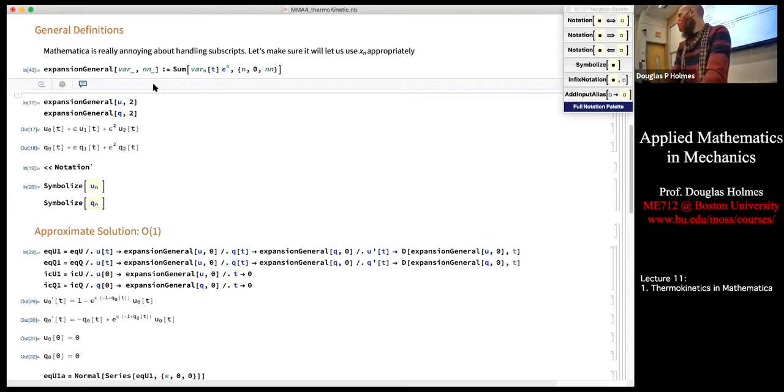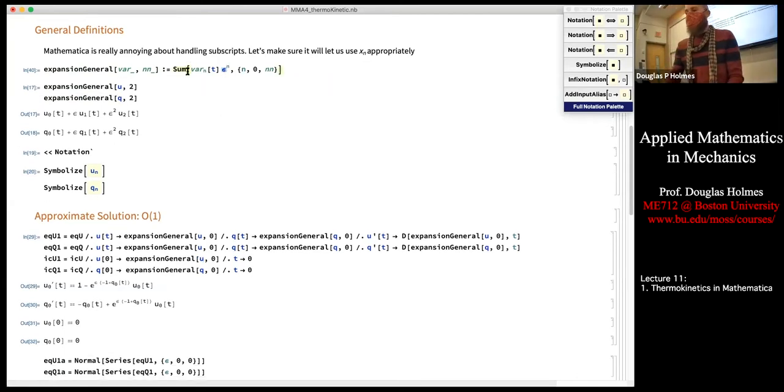It's slightly different than the last one, and that's an epsilon to the n, right? This is epsilon to the n, yeah. All it's doing is a summation of our variables, subscript n. Our variable is a function of time, so we just send it that, times epsilon to the n. So it's just doing a power series.